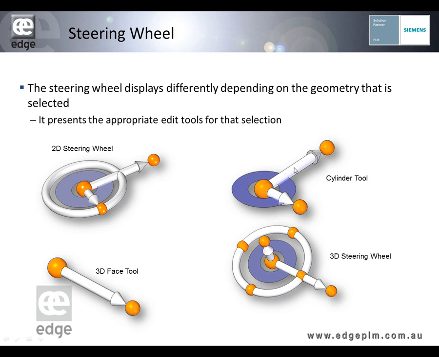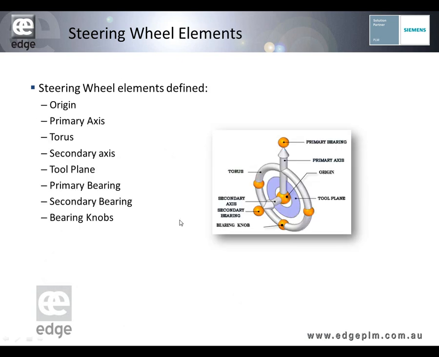When we select a cylinder, we'll get the cylinder tool, so we can move it left, right, up, down, or freeform move it using the tool surface, which is on the 3D one as well. So when we've moved something or selected some geometry, we're likely to get the 3D steering wheel. It will make the correct assumption for what you're doing in any one of these when you select the geometry, so you don't have to worry about that too much.